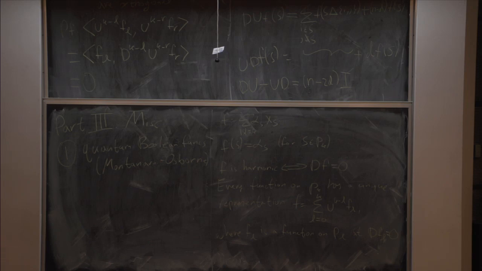You want your matrix to square to 1. Because it's also Hermitian, it's unitary, and all of its eigenvalues are plus minus 1. One way to get these functions is just to take diagonal functions. These are like the classical functions, which are not entangled. But there are also many other examples. So this is a quantum Boolean function.